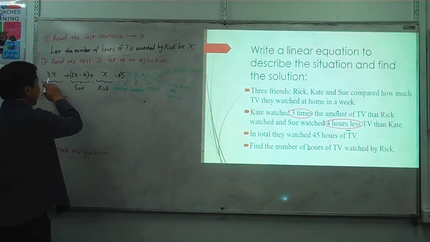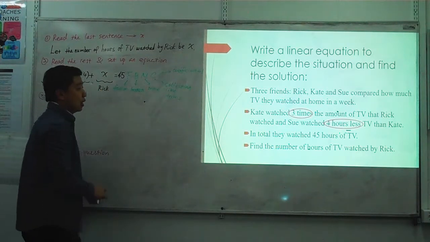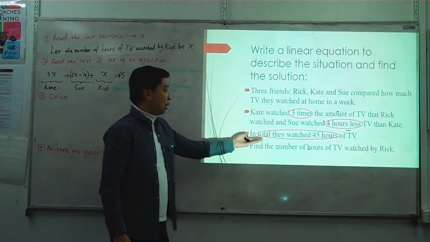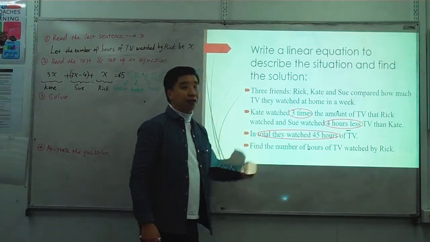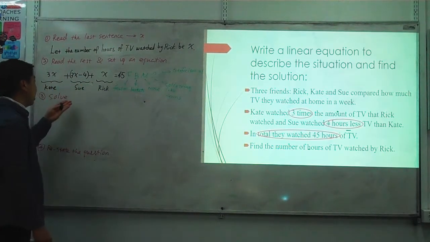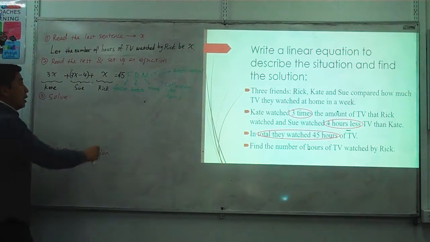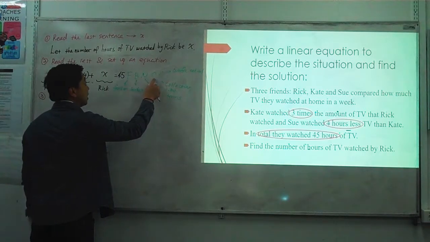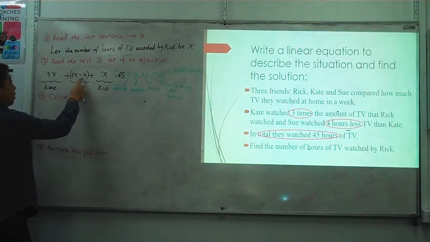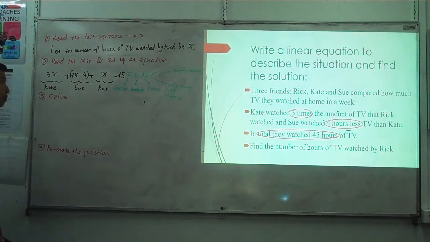Now, after we set up all the description, you see, we just circled all the keywords. And also here, total watched 45 hours total. After this, we can solve the equations, okay? By using FBMCC. No fractions, we start from bracket. We have bracket. We get rid of the bracket.